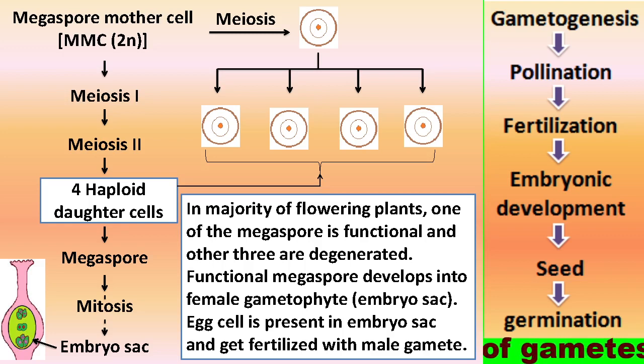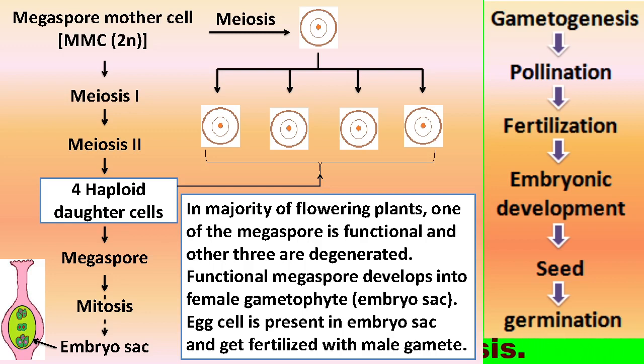So this question is always asked. The cellular format of this embryo sac. What is this? This embryo sac is a format in which 7 cells are present.